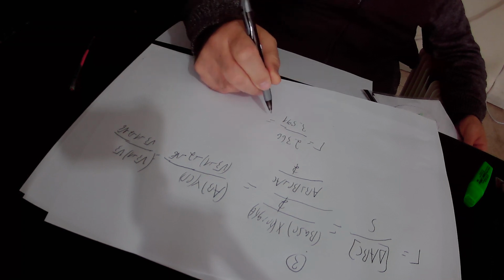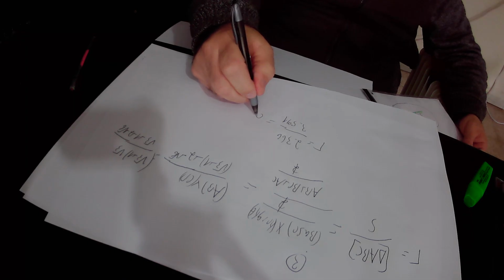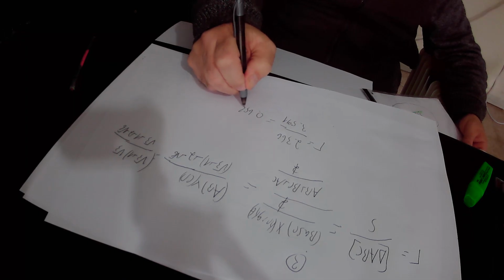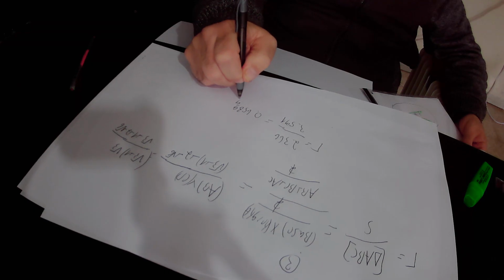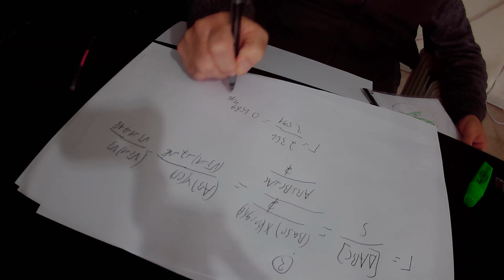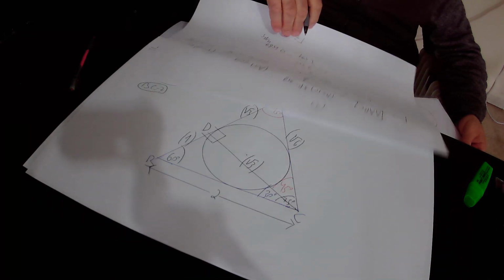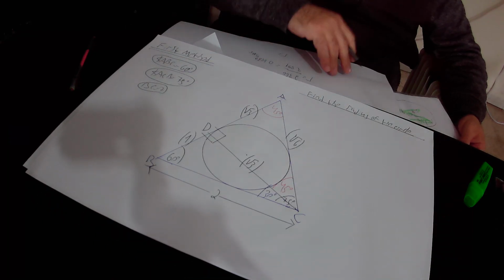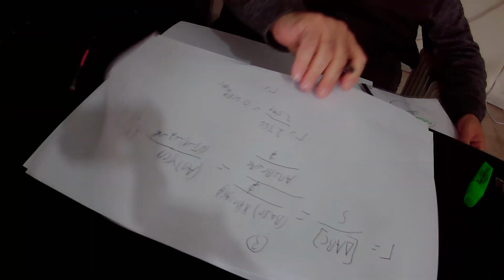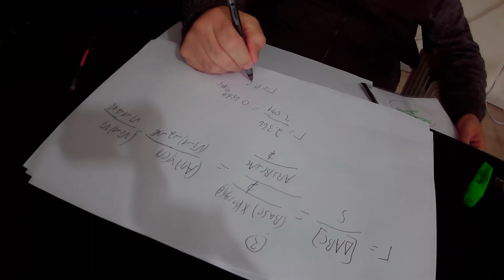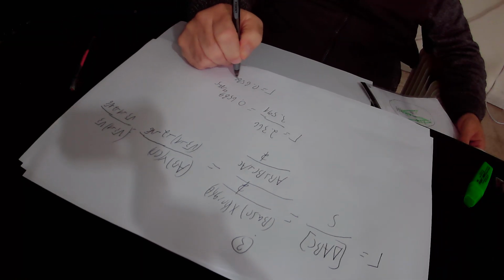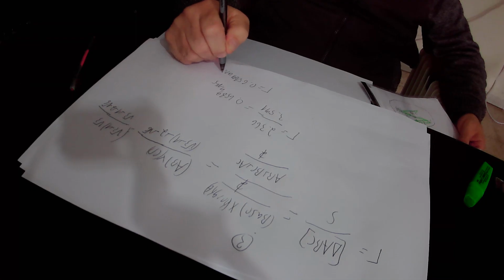And 2.366 over 3.591 equals 0.6589 units. So I found out that the radius of this circle that is inscribed by triangle ABC equals 0.6589 units.